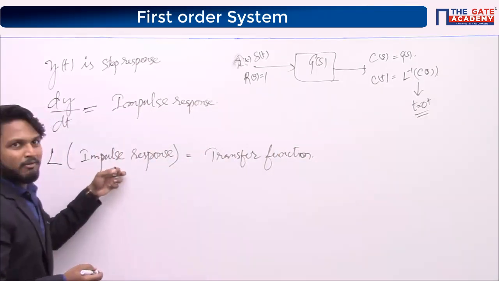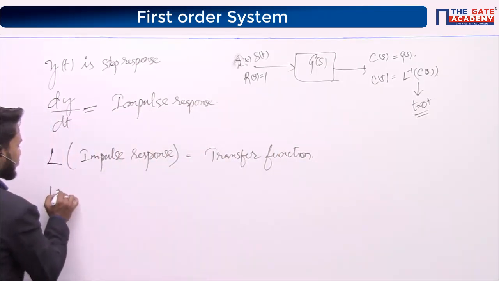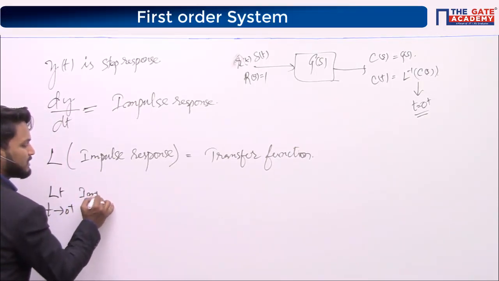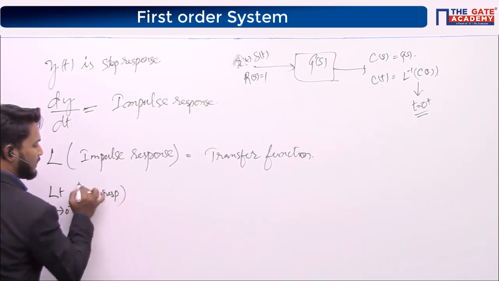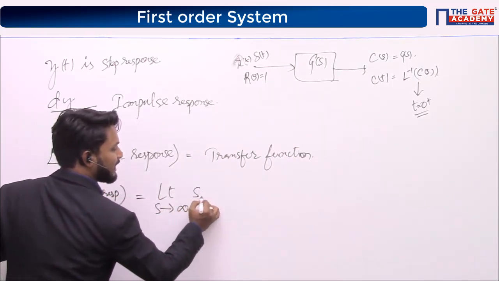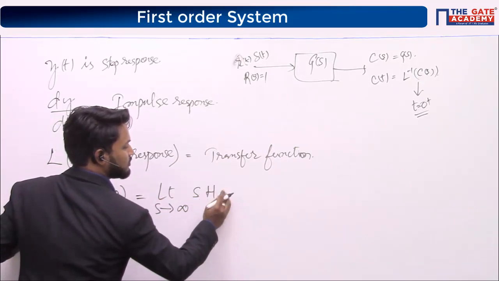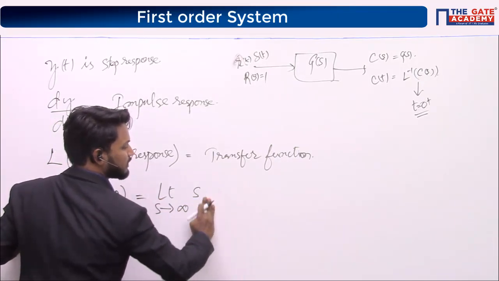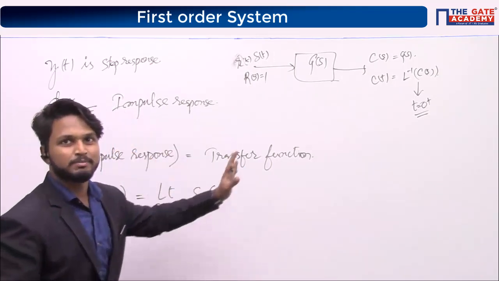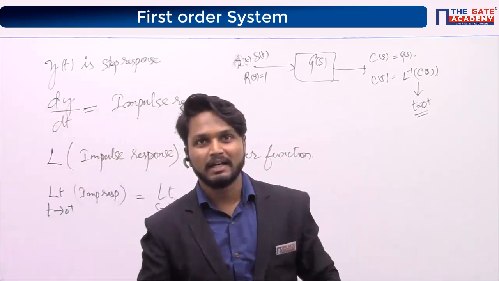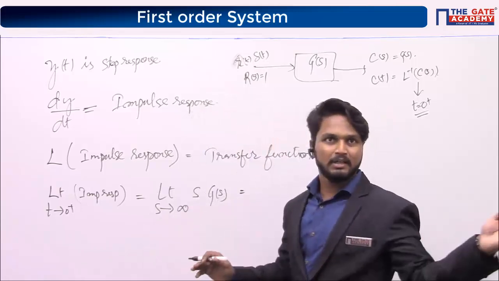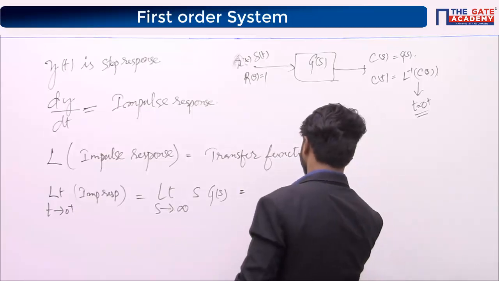So the initial value of impulse response, limit t approaches 0 plus of impulse response, is equal to limit s approaches infinity of s into G of S. G of S is the transfer function of the system. That's simple. You just put this limit in that and you will get the answer. So substitute s approaches infinity in this transfer function.